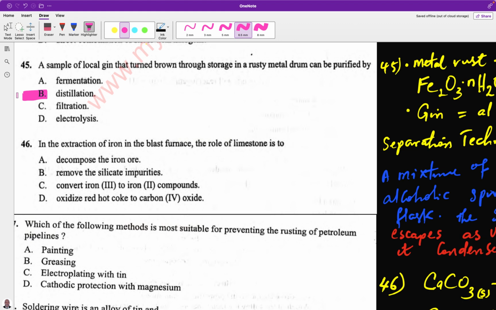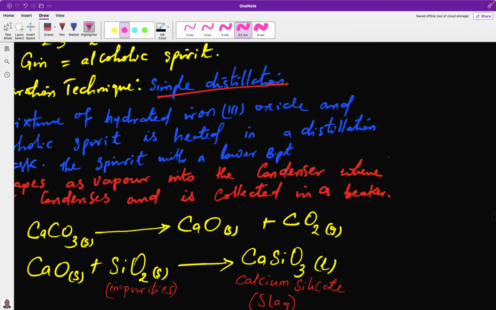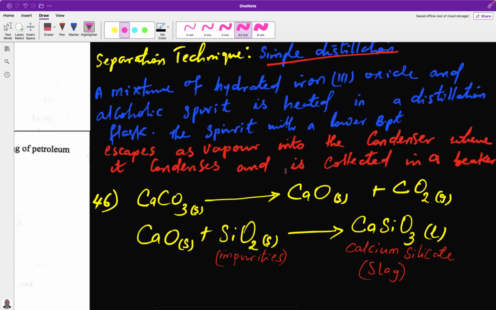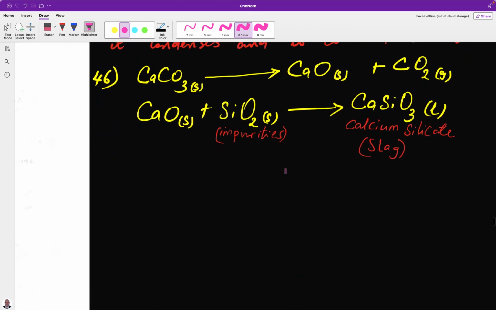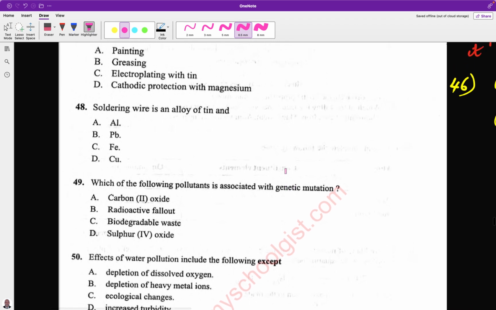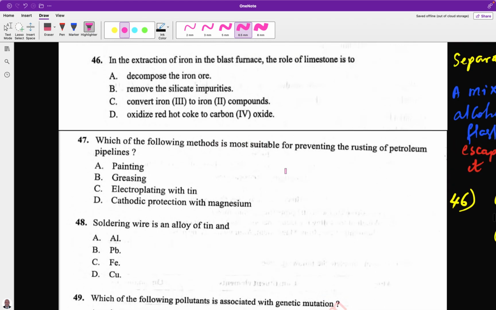That's what we call the slag, which is also used in the tarring of our roads. So the answer is the removal of the impurities. That is very, very important. The answer for 46 is B.